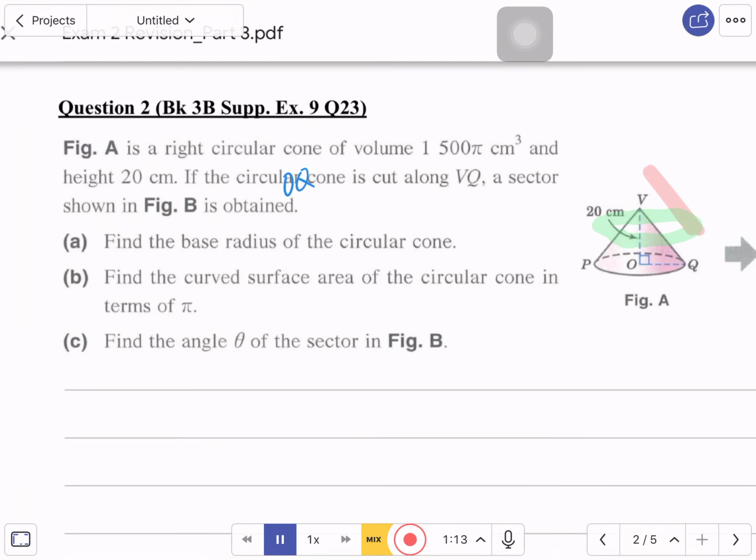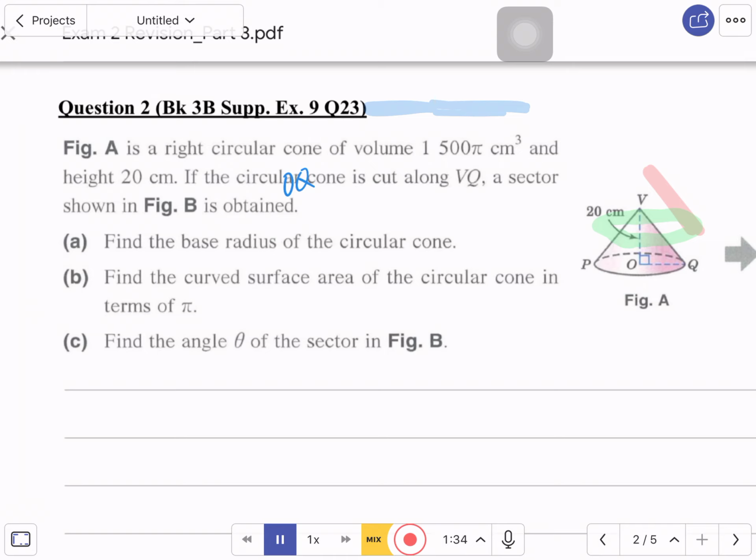Now we know that this cone has the volume of 1500 pi cm cube. And actually, based on this information, we can already find the base radius.